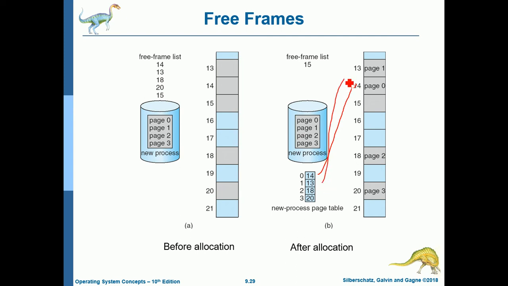Page 2 will be located in frame number 18. And last but not the least, page 3 will be located in frame number 20. So this is before allocation and after allocation. The allocation of pages will use the frames that are free, meaning no process is still using these frames.